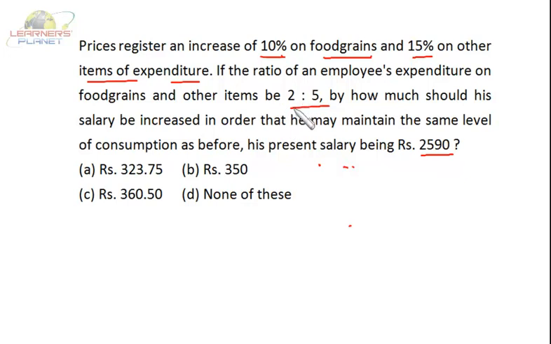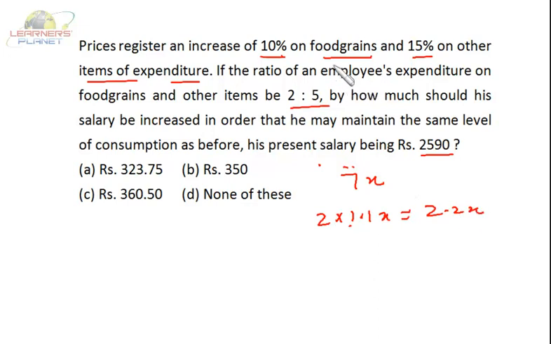Okay, so initially the expenditure is 2x and 5x, that is 7x on these particular items. Now the total expenditure is 7x initially. Now the prices of food grains are increasing by 10%. That means the new price is 2 into 1.1x, that is 2.2x.